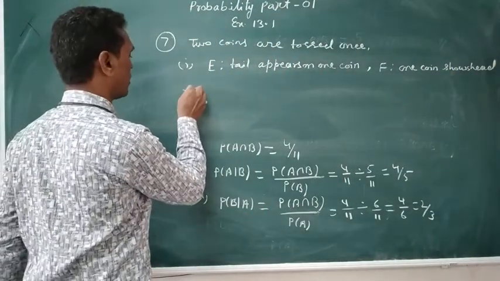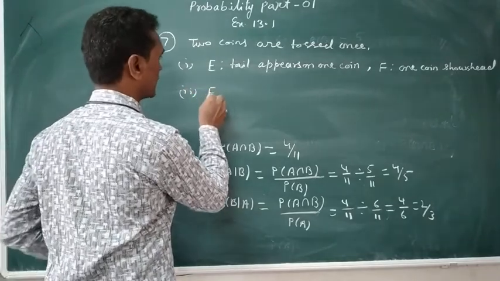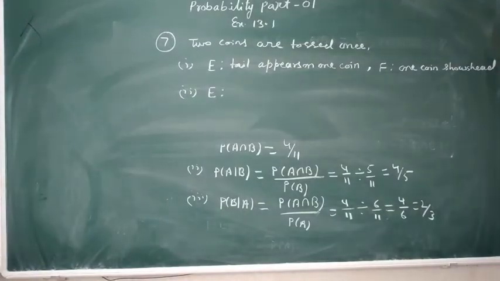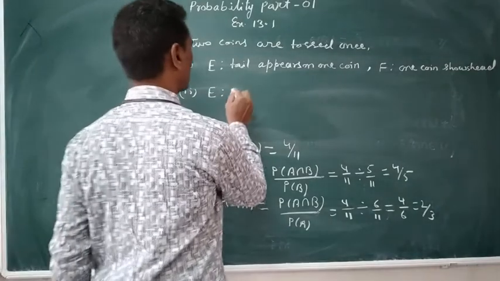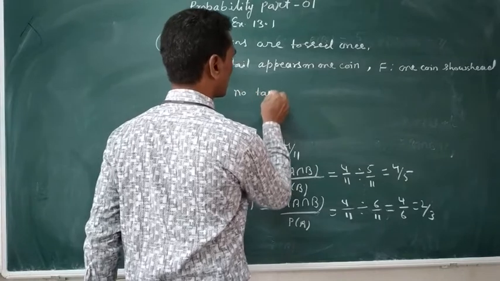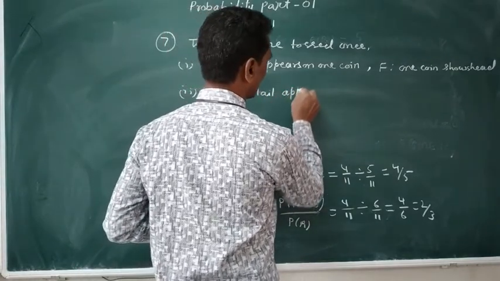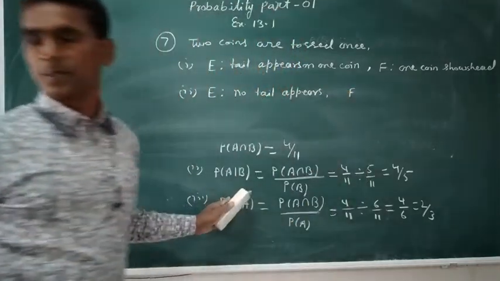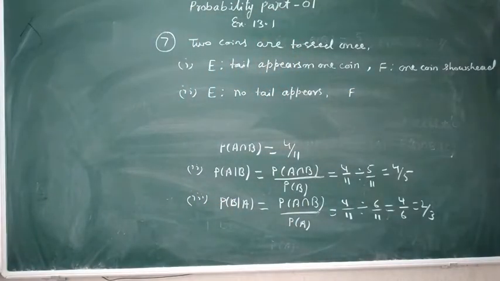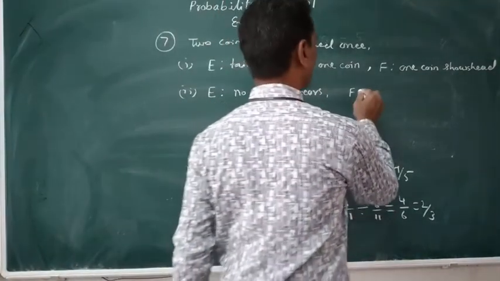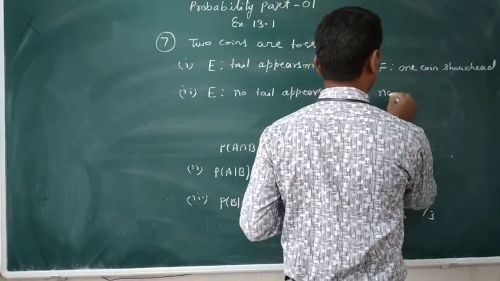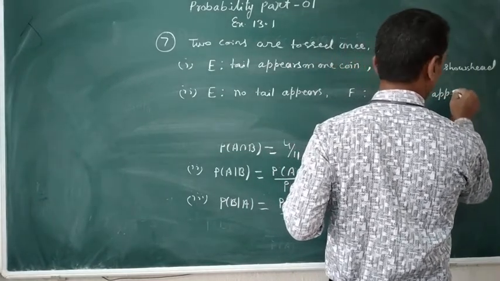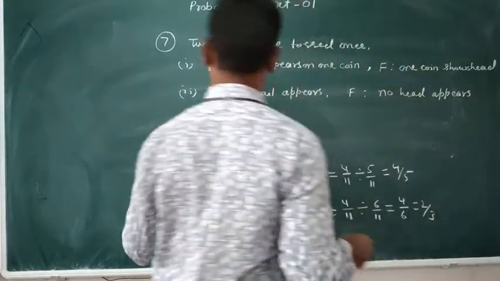The second part of this question is again: E is that no tail appears, and F is that no head appears.